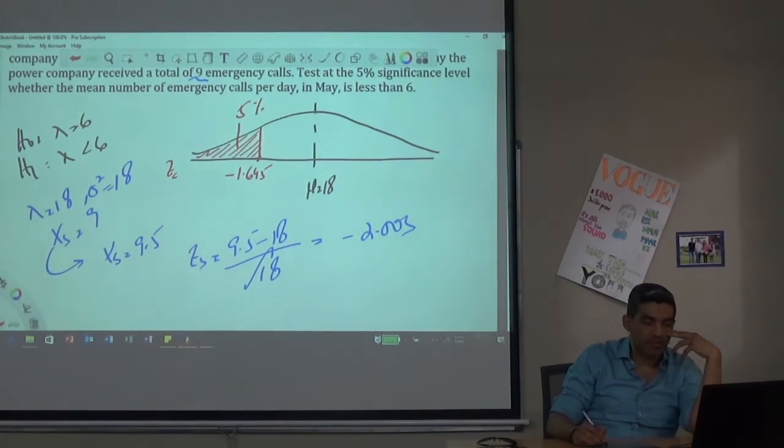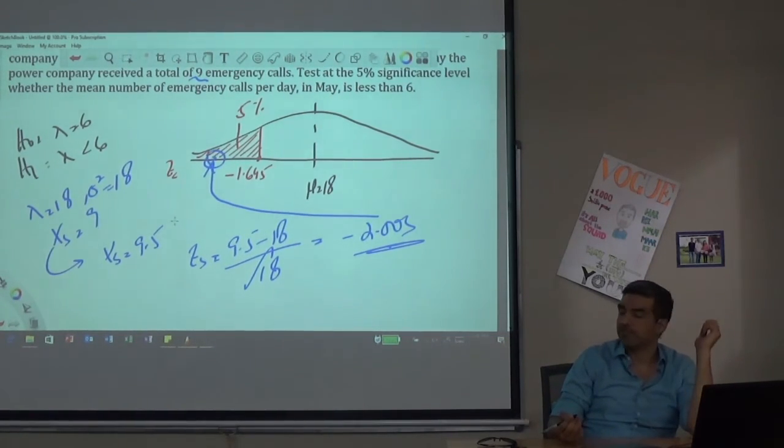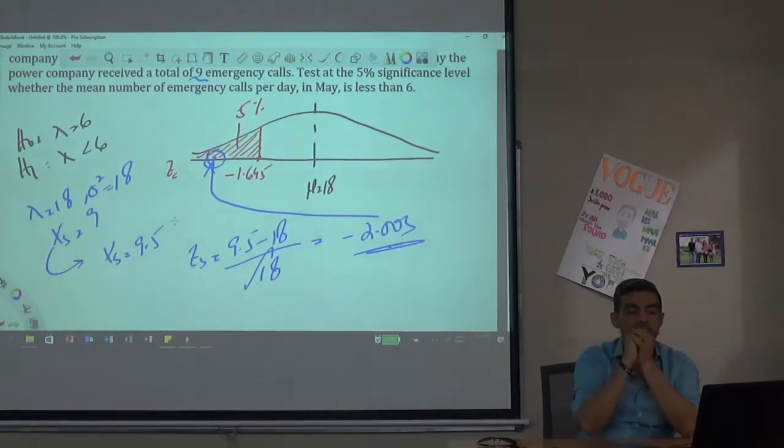We are in the rejection region. We reject H0. We have enough evidence to reject the null hypothesis and conclude that the mean number of emergency calls per day in May is less than 6.